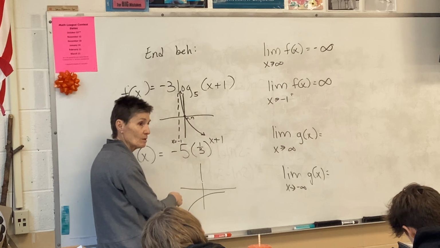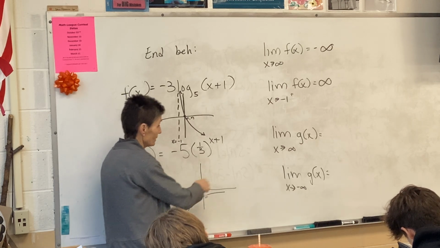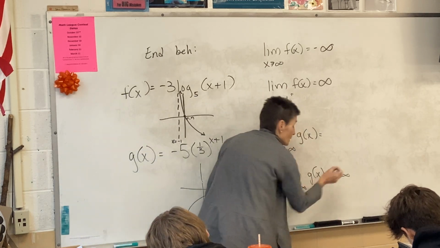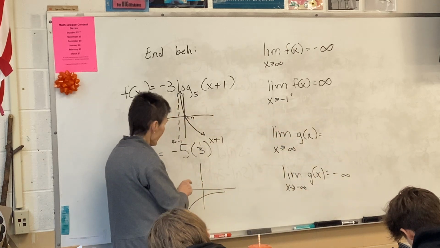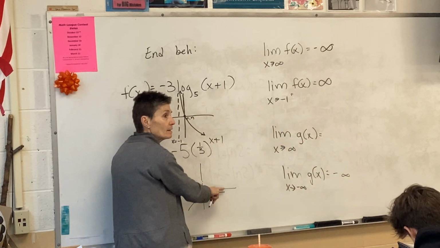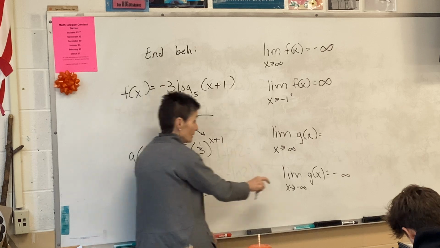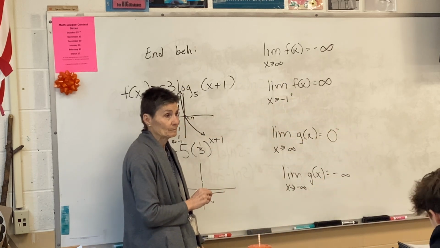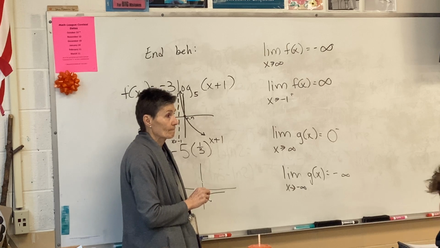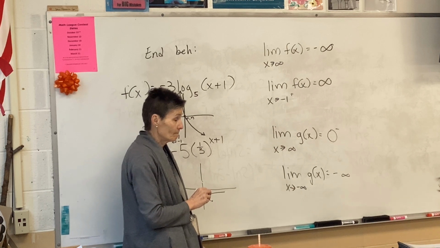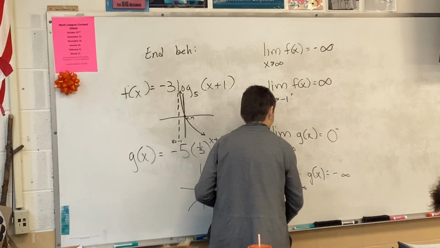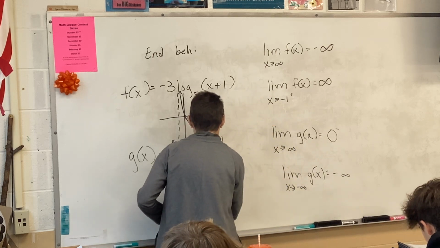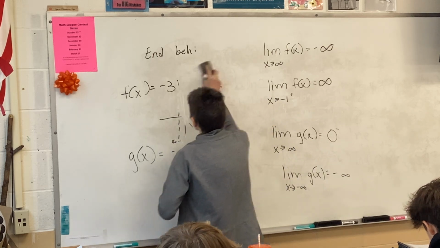So that's my picture. So to the left, I am going down. And what am I doing to the right? Getting closer to 0 from the bottom. Is that all right with everybody? Okay. So we can get one more there.